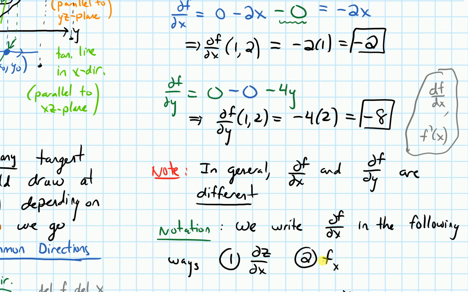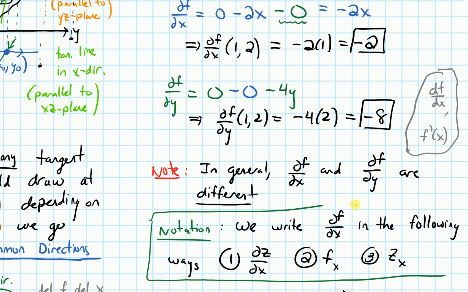So I write fx like this. Again, if I have a function of 2 variables, we can write the f as z. So I could also write this as zx. All right, so we have these common notations to represent the partial derivative with respect to x. We could similarly write the partial derivative with respect to y.